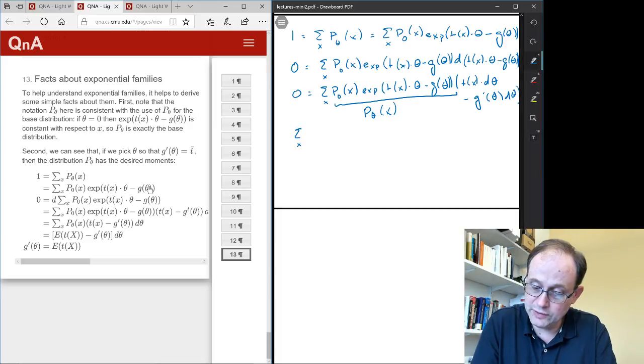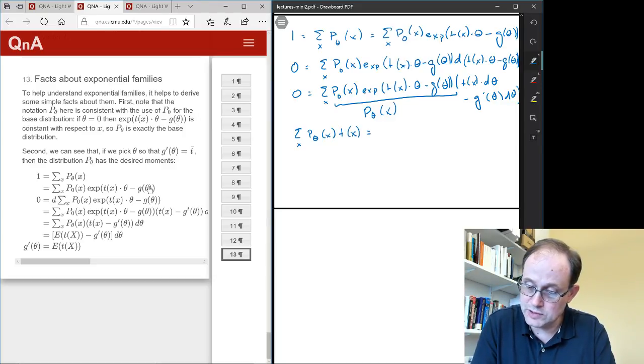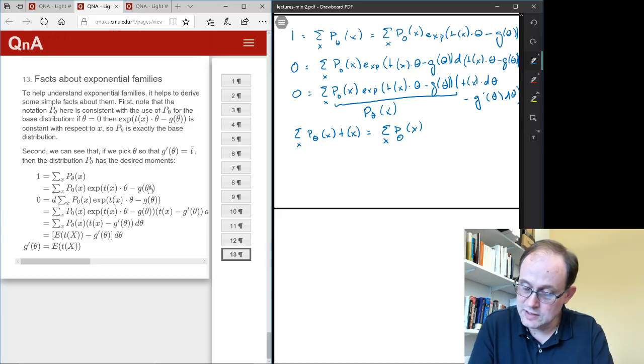The sum over x of p theta of x, t of x, is equal to, with this part going on the other side, the sum over x of p theta of x times g prime of theta.